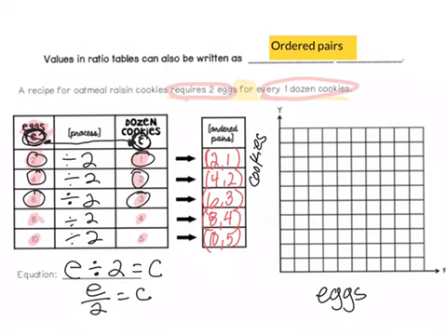So to graph my coordinate points, I'm going to start at this center point down here. This is called the origin. And what I need to do is label. So if I'm looking at my eggs, I'm looking at this column, going all the way back here, looking at the very first column of my eggs. And I need to label where those numbers are. So let's start by saying, okay, I can count by ones. 1, 2, 3, 4.